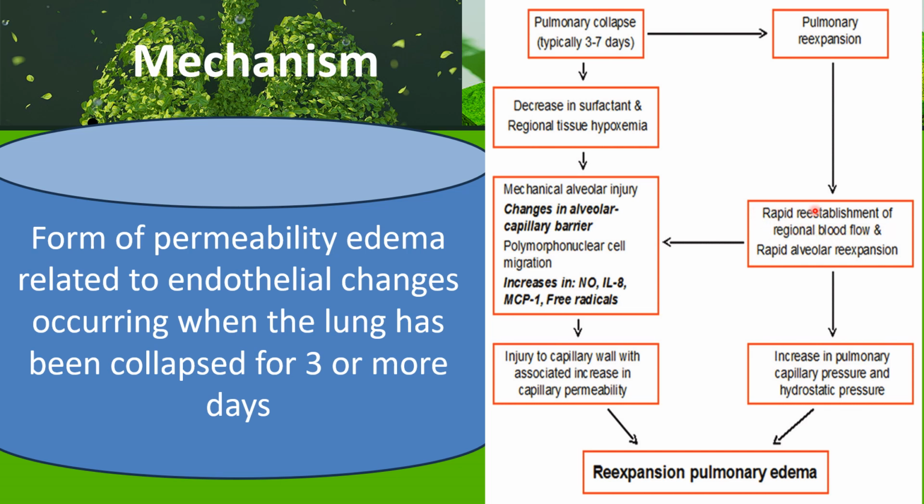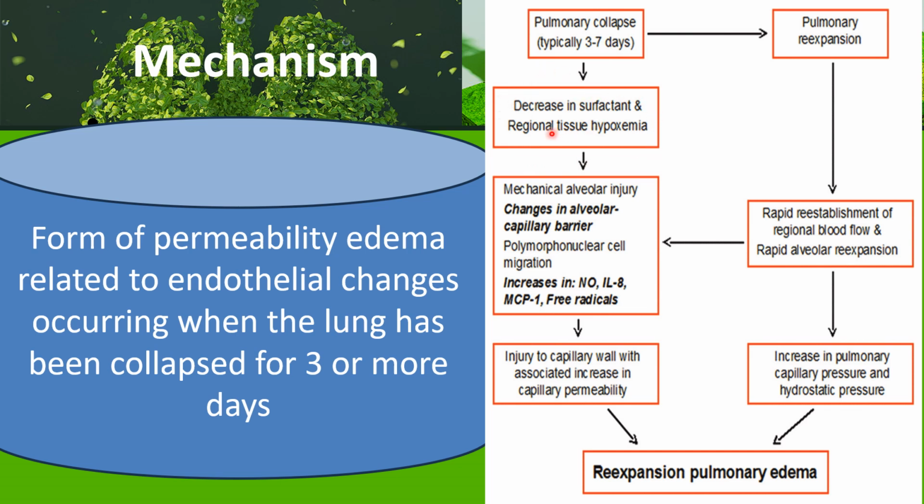Once the lung re-expands, blood flow in that area restarts with rapid alveolar expansion, and this causes increased pulmonary hydrostatic pressure. As pulmonary blood flow increases, it causes increased hydrostatic pressure, and this will cause re-expansion pulmonary edema.